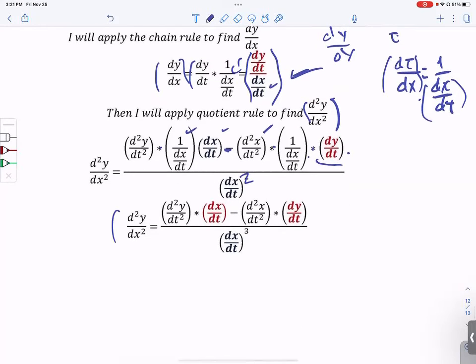Now for the second derivative final answer, you do the algebra, you arrange the fraction, you find common denominators, and the final answer is this.